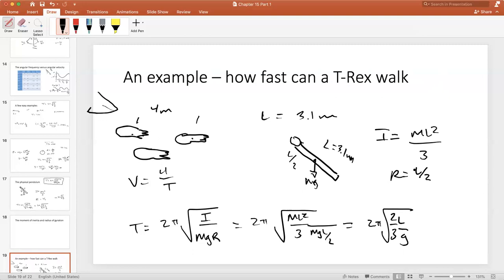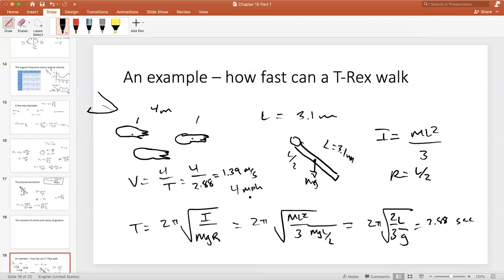Take the square root of this answer, times 2 times pi. I get 2.88 seconds, okay? If I take this 4 meters and divide it by 2.88 seconds, I get 1.38 or 1.39 meters per second, which is about 4 miles per hour, maybe. Somewhere around there.